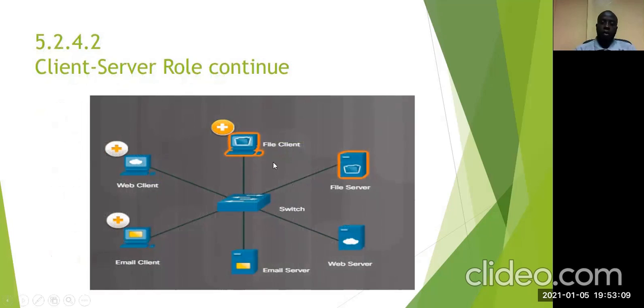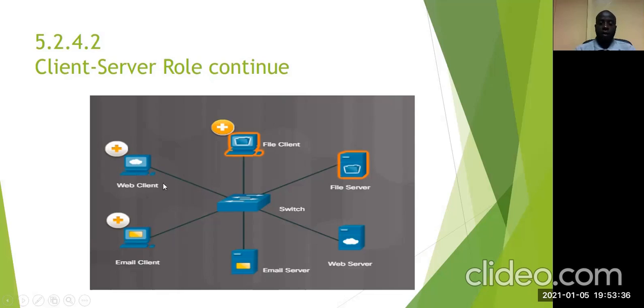In the previous chapter we were trying to say that in a client and server-based system, a client always requests or fetches information from the server to get what it needs so that the end user can use it. For example, there is a web server, a file server, and an email server.